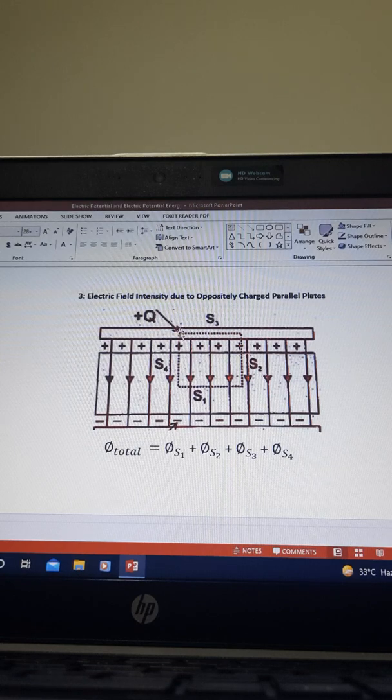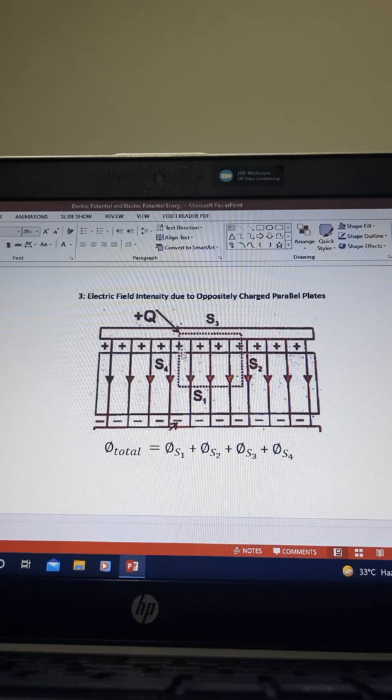Look in the diagram, the dotted red line is representing the imaginary rectangular Gaussian surface, and four surfaces S1, S2, S3 and S4 are associated with this Gaussian rectangular surface.